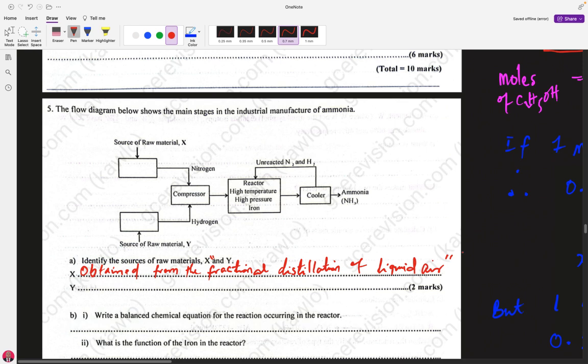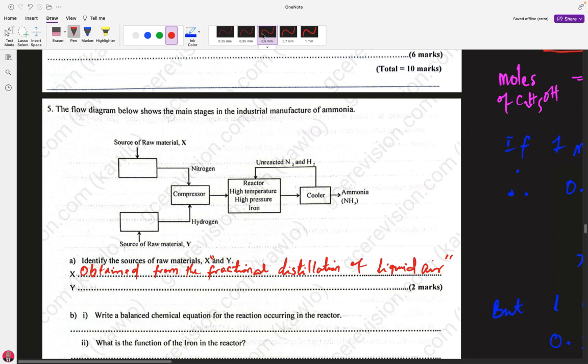Then, if we go to Y, it is hydrogen. Hydrogen is also obtained from what? Hydrogen is obtained from natural gas.